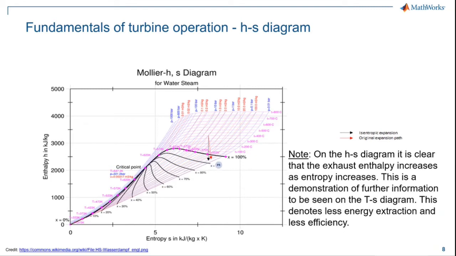This is also visually represented here as a slightly increased exhaust enthalpy. But as you can see, the extraction of energy is the difference between those two. So the more you increase your entropy, the less energy you're extracting from the steam, and so you would need more steam to have the same amount of work.